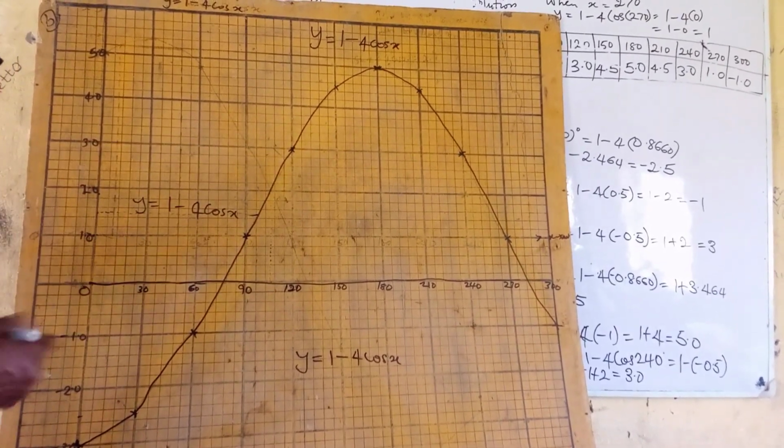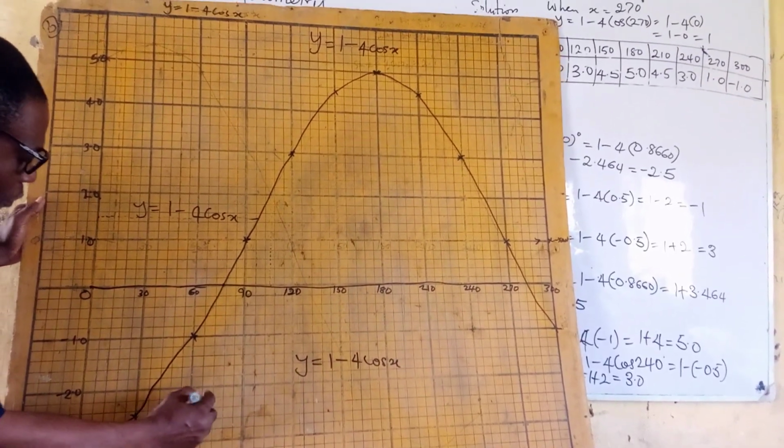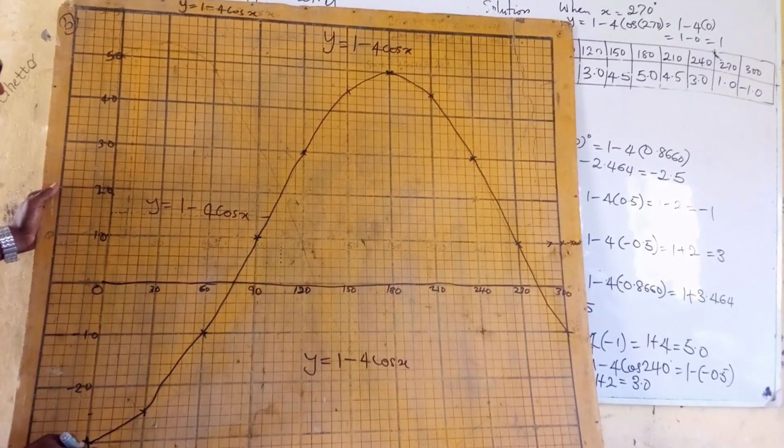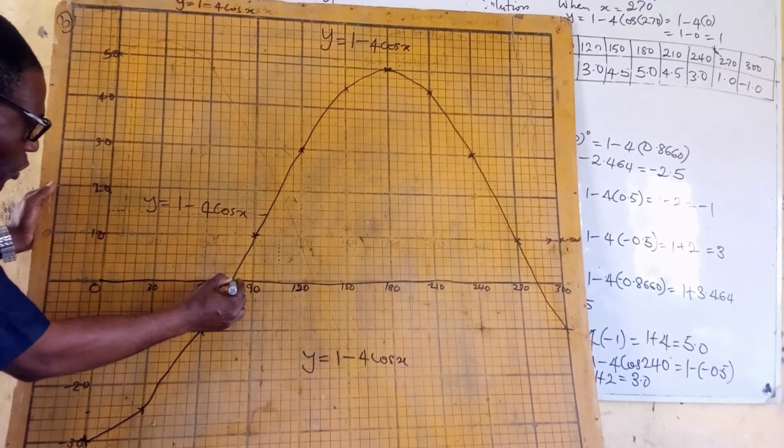Anywhere it cuts is the value of the answer. So for the solution of y equals 1 minus 4 cos x equals 0, this is the solution.